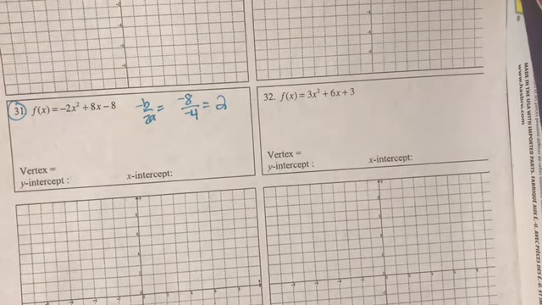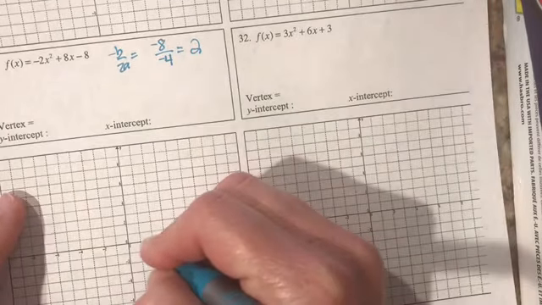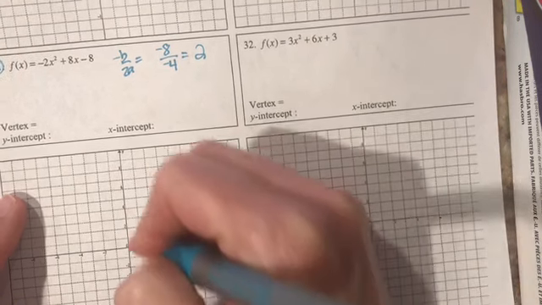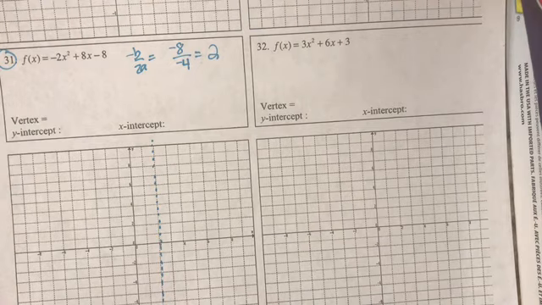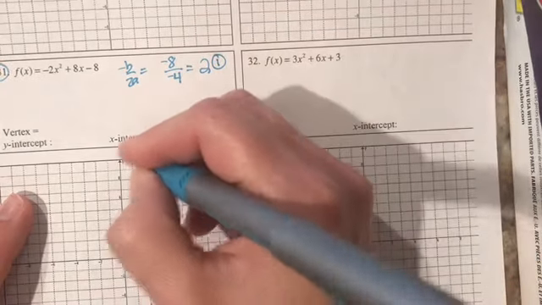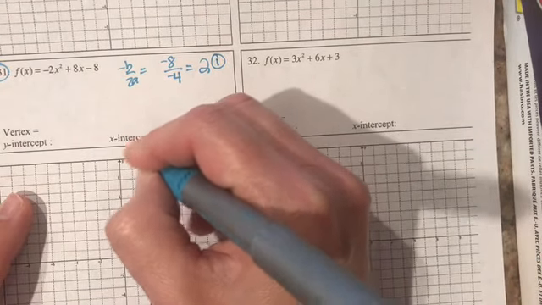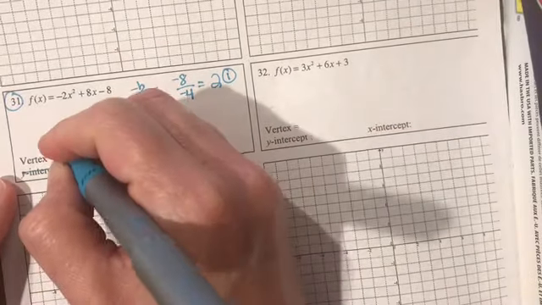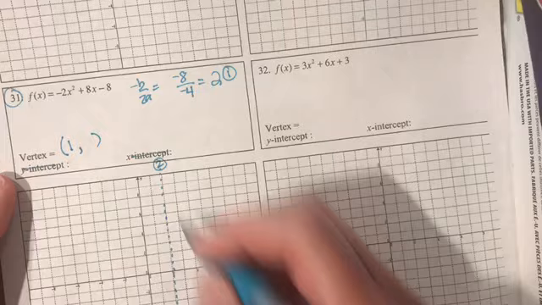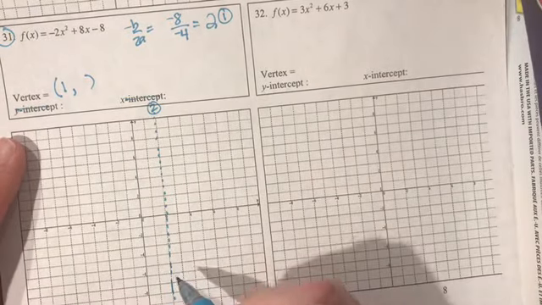Do you guys remember what we do with that number? That's your axis of symmetry. So we know that dotted line is going to be on our graph. That's step 1, and step 2 is labeling your dotted line. Step 3 is finding the vertex. We know the vertex is going to be somewhere on this line.